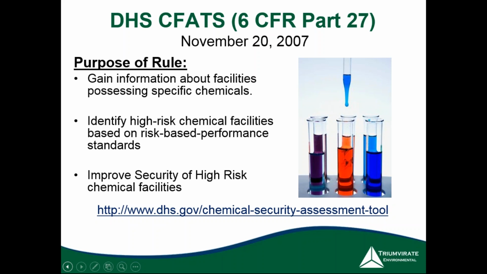If you have these, it may put you under CFATS reporting requirements if you exceed a screening threshold quantity. Basically, if you're using or storing chemicals in a specific way that exceeds these quantities, it can kick you into reporting categories that are going to have you submit site security plans or site vulnerability assessments to the Department of Homeland Security.